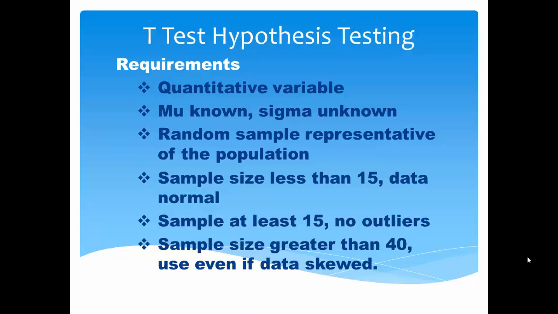Last, if my sample size is greater than 40, I can use the t-test even if my sample data is skewed. So if I plot my histogram or do my stem plot and it turns out that my sample data is either right or left skewed, I can still use the t-test provided my sample size is bigger than 40.